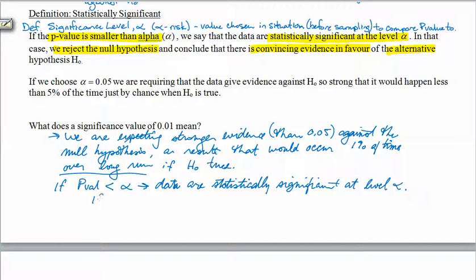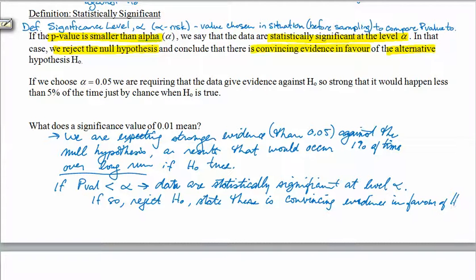If so, we can reject H0 and state that there is convincing evidence in favor of HA, the alternative hypothesis.